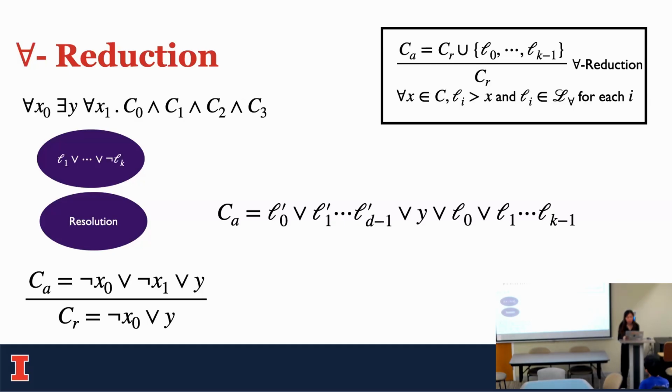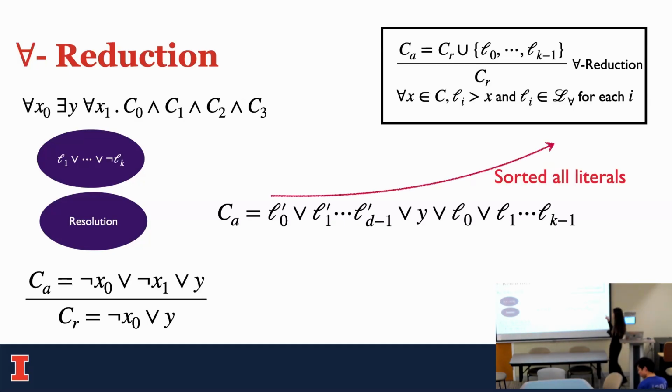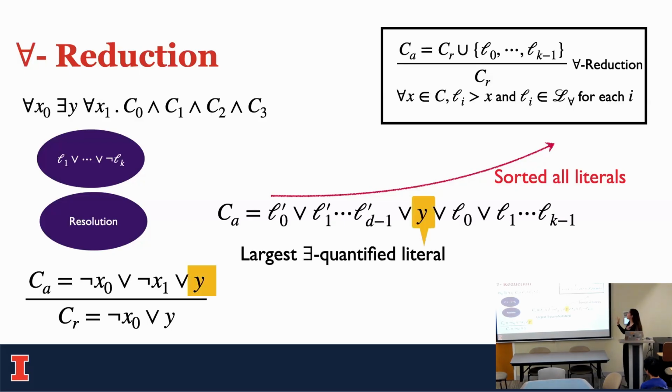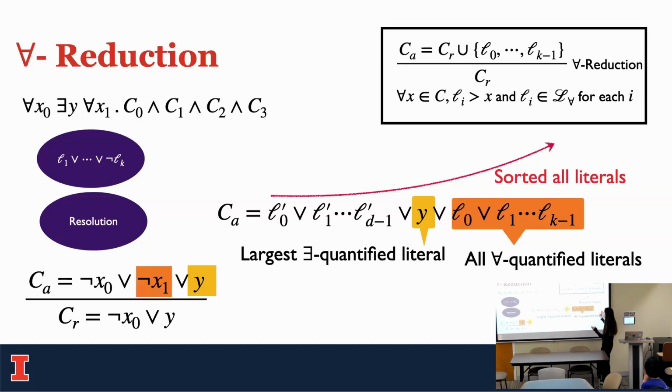If we sort this literal according to their order in the prefix, then we can find the largest existential, let's say Y is the largest existentially quantified literal. For all reduction means we need to remove all literals that appear after that.